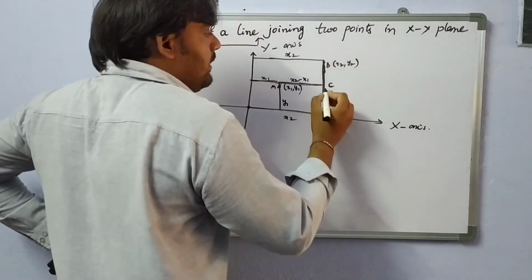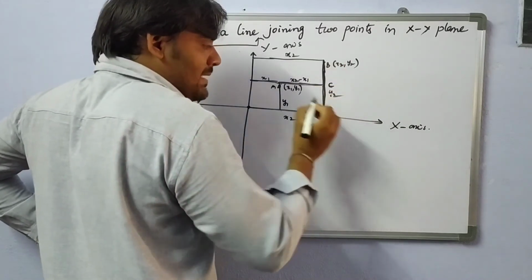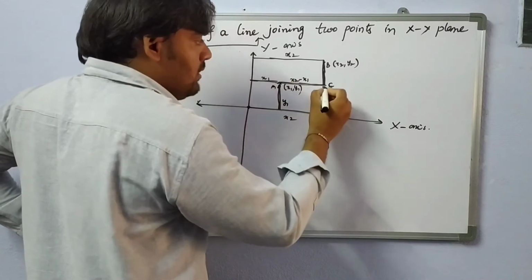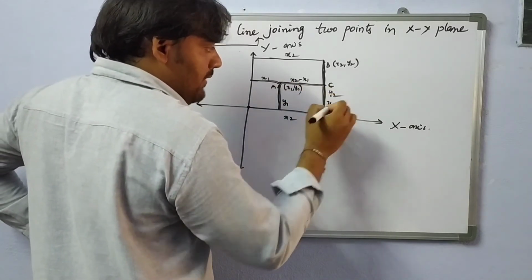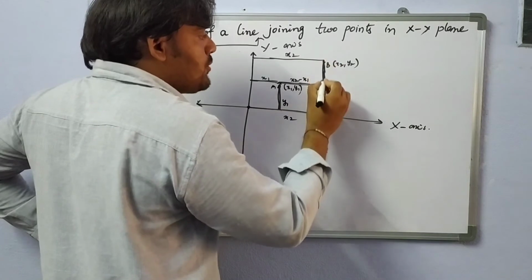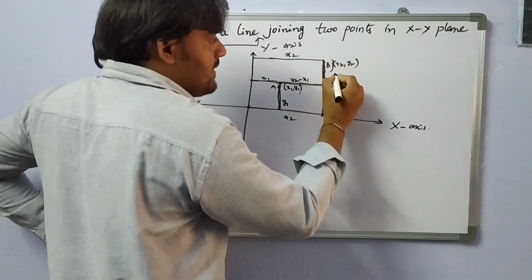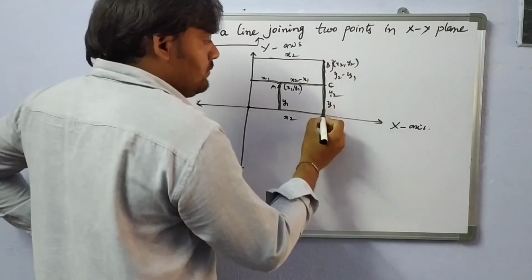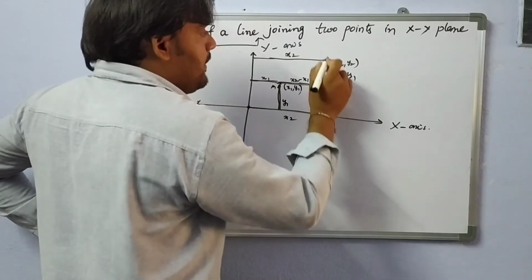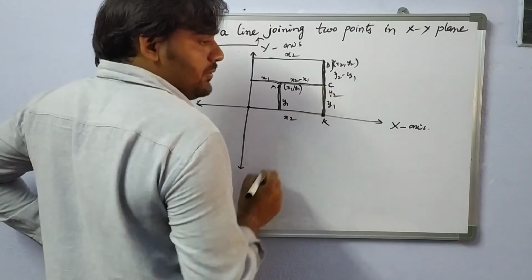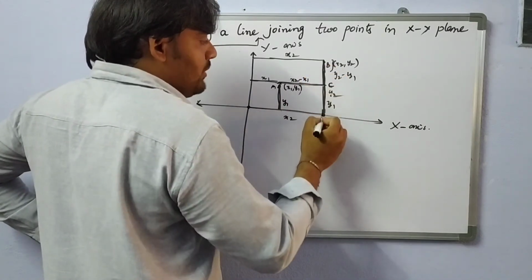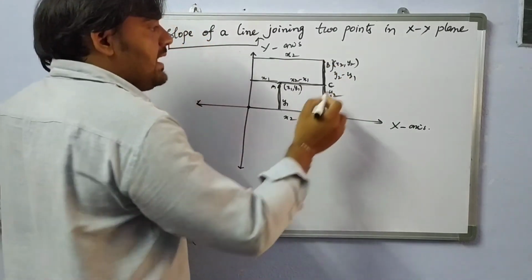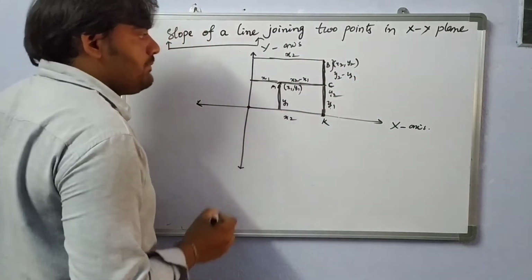Like that only, here the total length is y2, this one is y1, so the distance from here to here is y2 minus y1. Name this point K. From B to K, the total length is y2. Next, C to K is y1. Then the length of B to C is y2 minus y1.